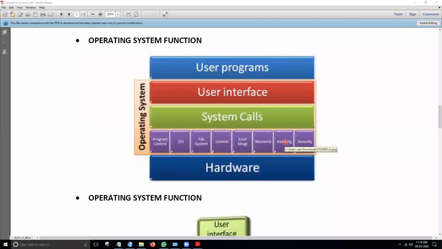Let me take the example that you have a secondary memory, so disk management. Then you will have a process. If you are running a particular process, there is process management, device management, printing management, and many different activities the operating system will do.